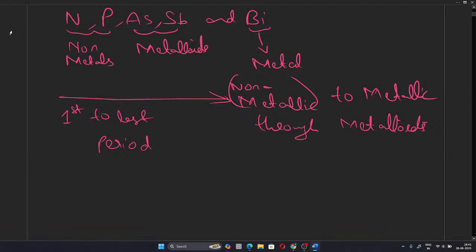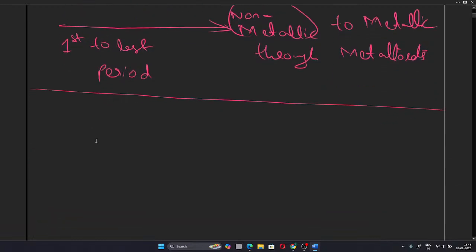This is what was given, and the beginning of the first topic being occurrence or finding of these elements.